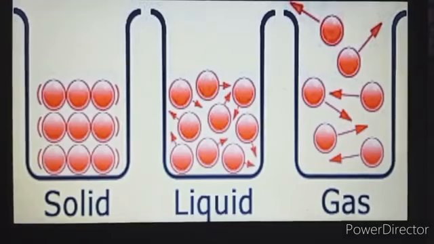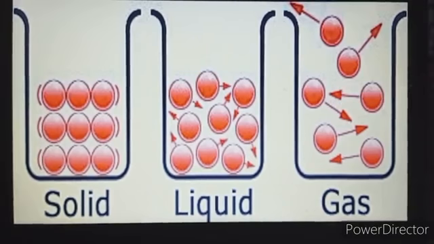Then another property of gases is that gases can be compressed to a much larger extent than solids and liquids. This is because the molecules are very far apart in gases. As you can see in the module, it shows the molecules far apart from each other.